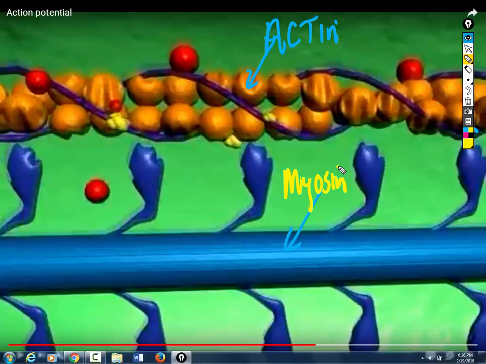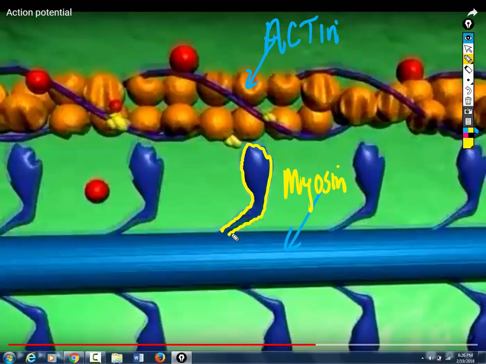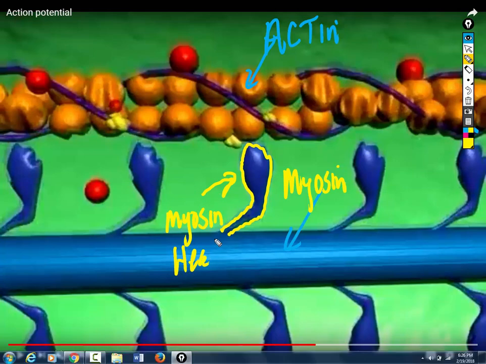Are you with me? Hanging off the myosin protein are these things that appear to be blue chicken legs. Are you following me? These are called myosin heads. Who's following this so far?